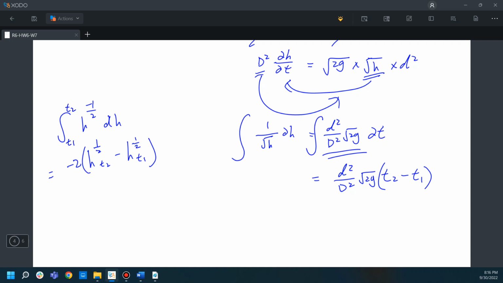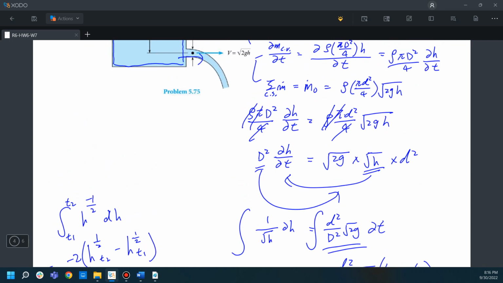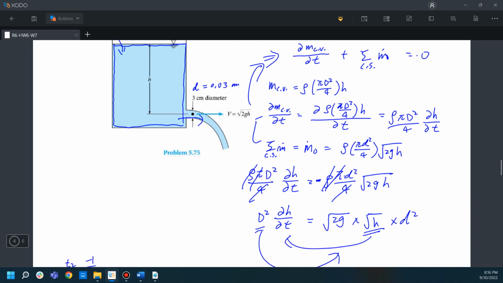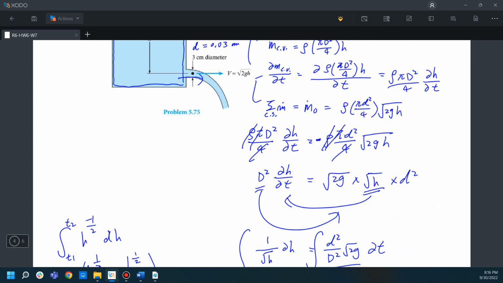Okay, and did I make any mistake here? Yes, I did. I missed one minus sign here. Because remember originally it's on the same side of the continuity equation, so I moved this term to the right hand side. Therefore, I should add a minus sign here.